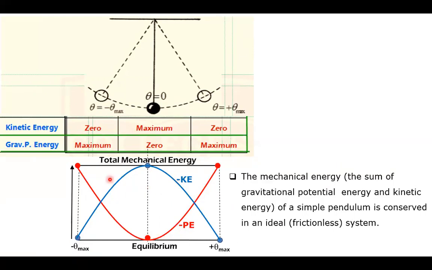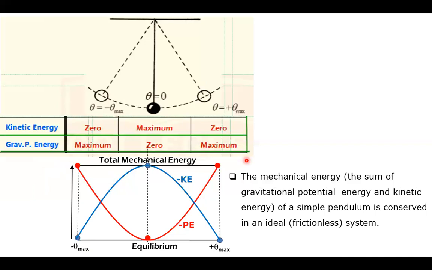The sum of these two energies is called total mechanical energy. If air resistance or air friction is neglected, total mechanical energy of the system must stay constant. As you see, it's a straight line, showing this energy is constant.